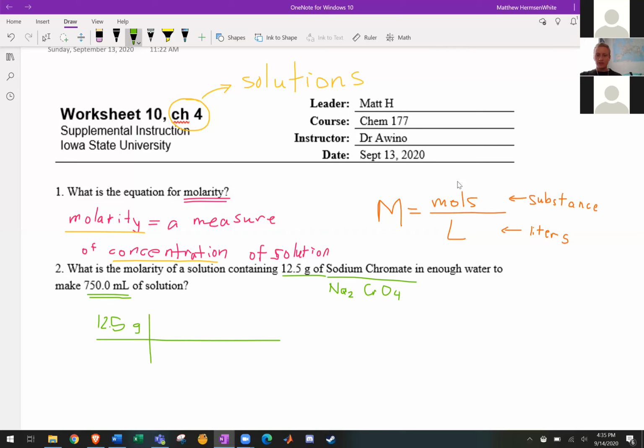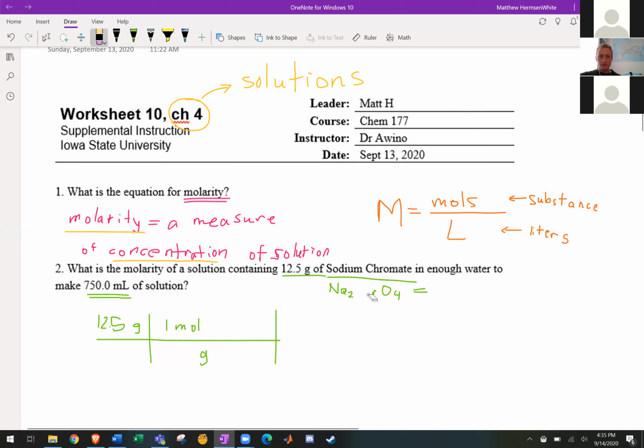Our equation wants moles, it doesn't want grams. So how do we get from grams to moles? Let's do the same thing that we did last chapter. One mole of sodium chromate is going to be how many grams? We look up the molar mass for Na2CrO4.